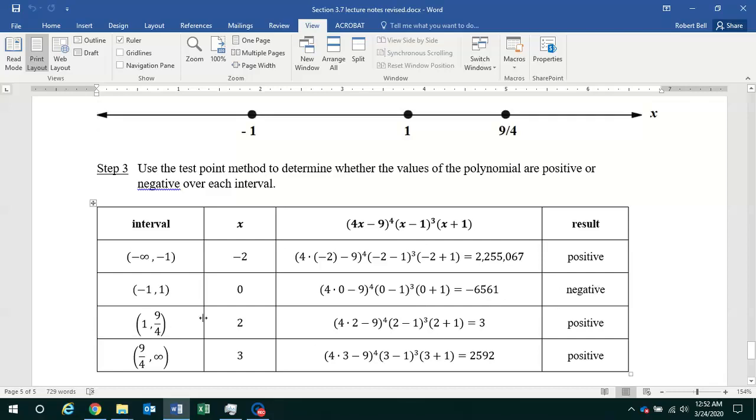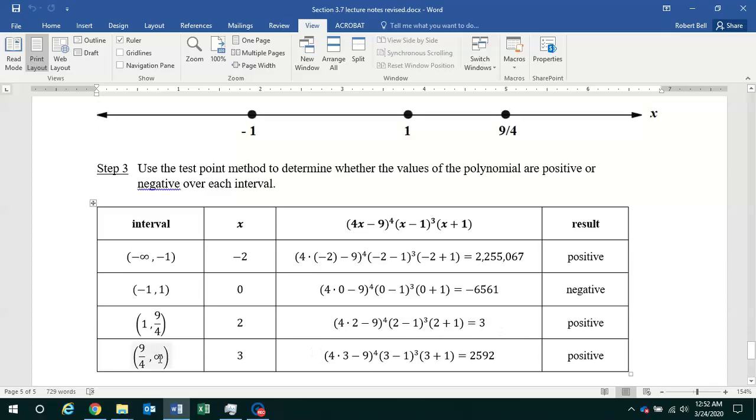In the third interval, I use 2 as my test point. When I put in 2 for x up here, I got a positive value for the polynomial, right? It's equal to 3. When x is equal to 2, the polynomial is equal to 3, which is a positive number. So that tells me any real number greater than 1 and less than 9/4 put in for x up here will result in a positive value for the polynomial.